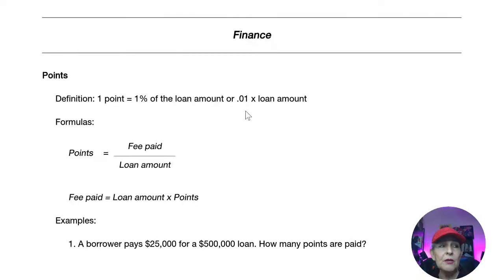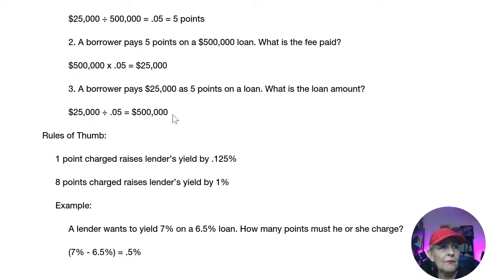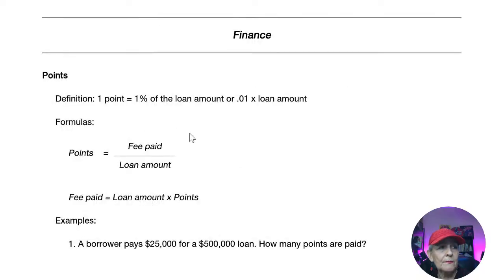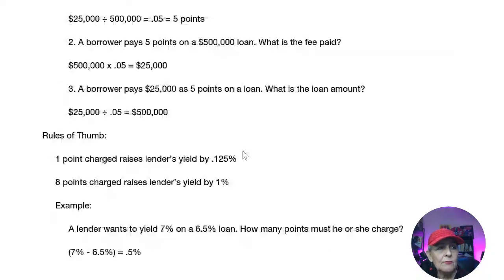Now, a borrower pays 25,000 as 5 points on a loan. What is the loan amount? Go back here. They paid 25,000 and they have 5 points. The borrower paid 25,000 as 5 points on the loan.